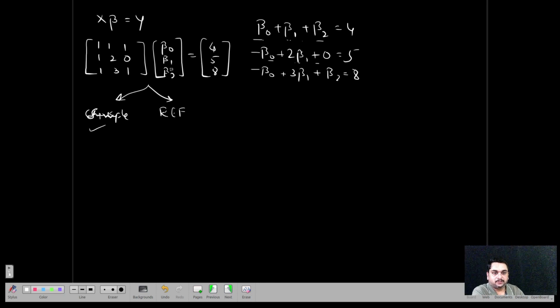Or you go for matrix reduction using rows. To get the row echelon form, you first get the augmented matrix. The matrices and linear algebra concepts, I have explained how to form the row echelon form. So let us write the augmented matrix.